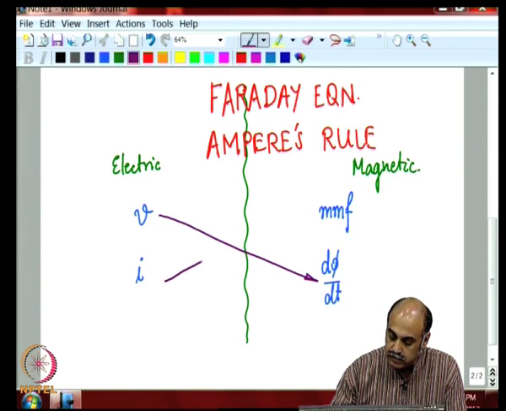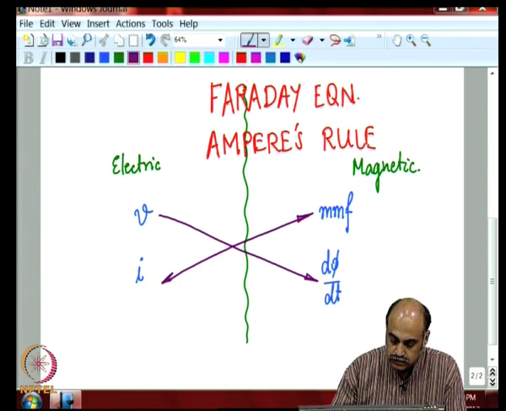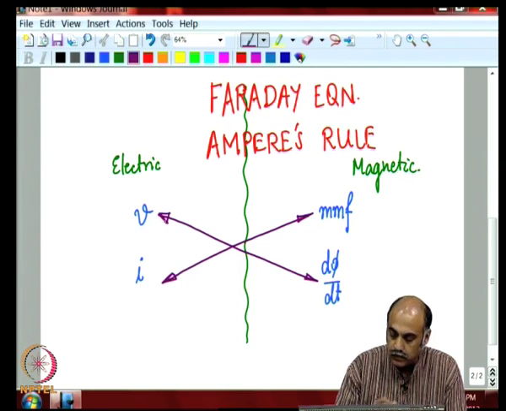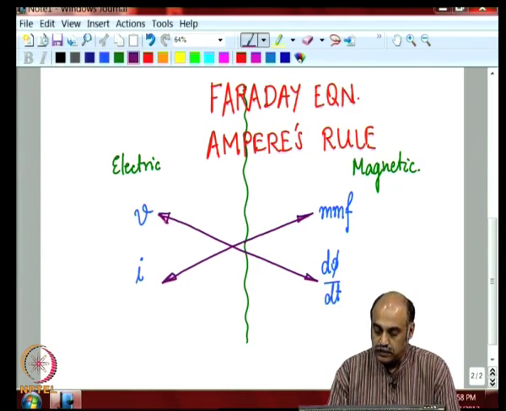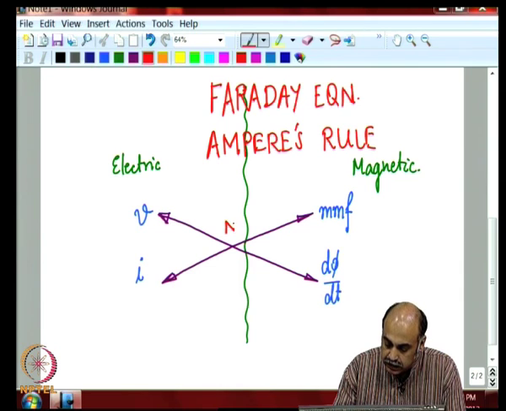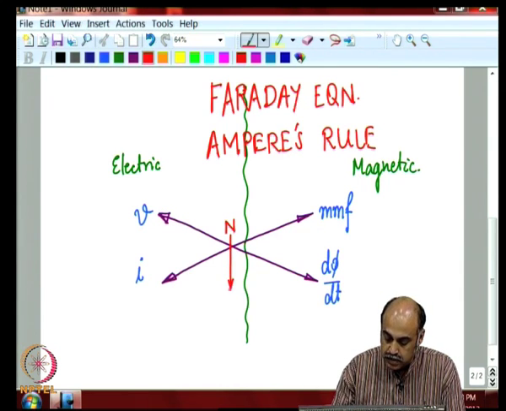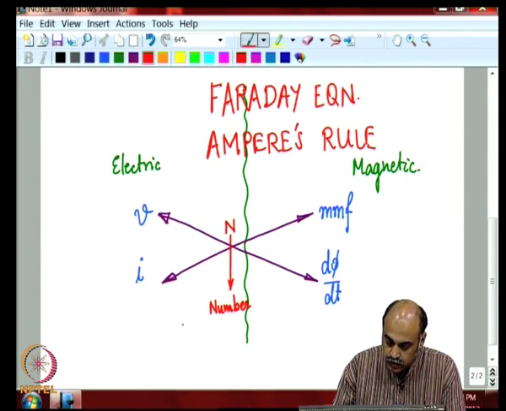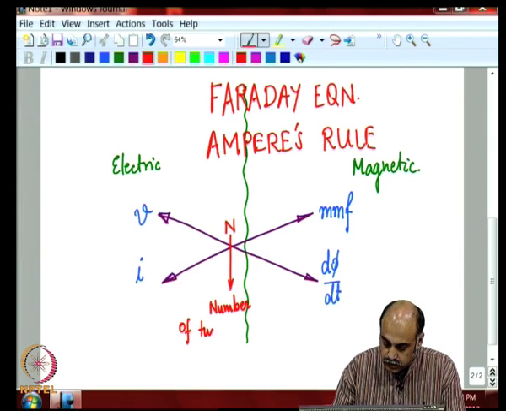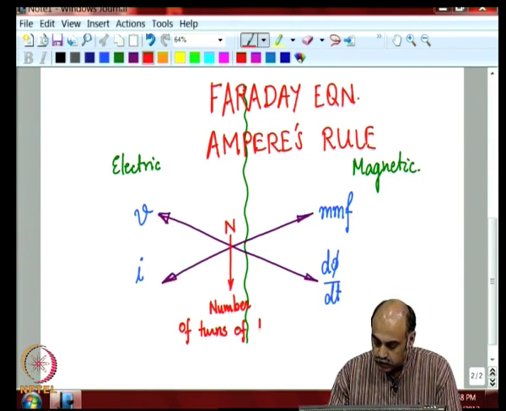The flow variable on the electric side is linked with the potential variable on the magnetic side, and both these linkings happen with the parameter n. And what is this n? N is nothing but the number of turns of the winding.